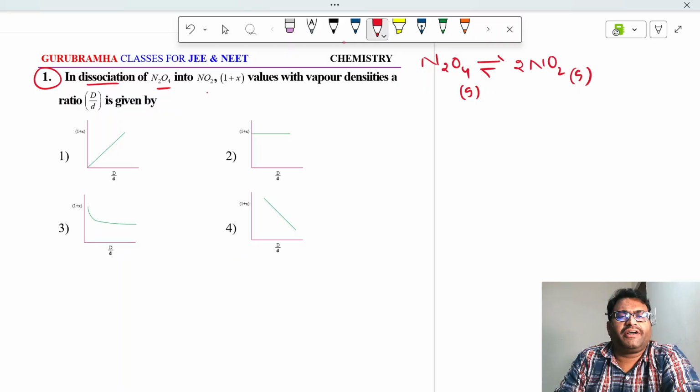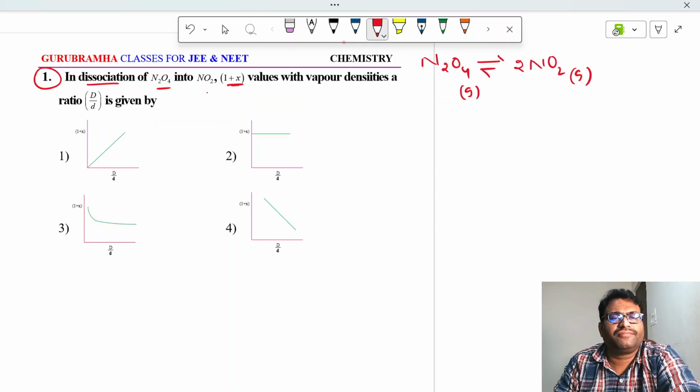With vapor densities, the ratio D/d is given by, so 4 graphs are given, and 1 plus x. x is nothing but the degree of dissociation. Now from this, what can we write? The n value is equal to 2, because 1 mole is producing 2 moles. So n is equal to 2.